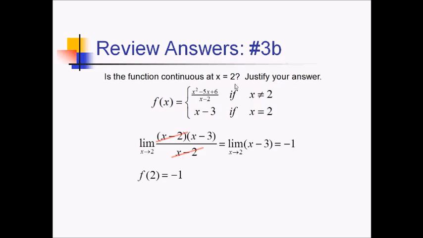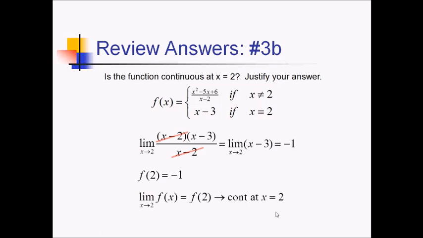To show that I have continuity at this point, I need to actually state that my limit of f of x as x approaches 2 and f of 2 equal each other. This tells me that first off, these two things exist, which is conditions 1 and 2 of continuity, and that they equal each other all in one shot. But to say that they existed, we needed to show all this stuff up here.